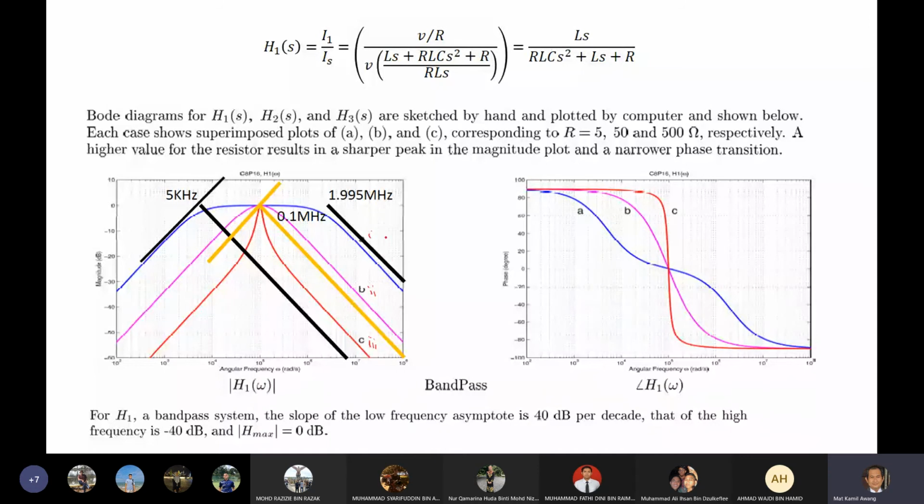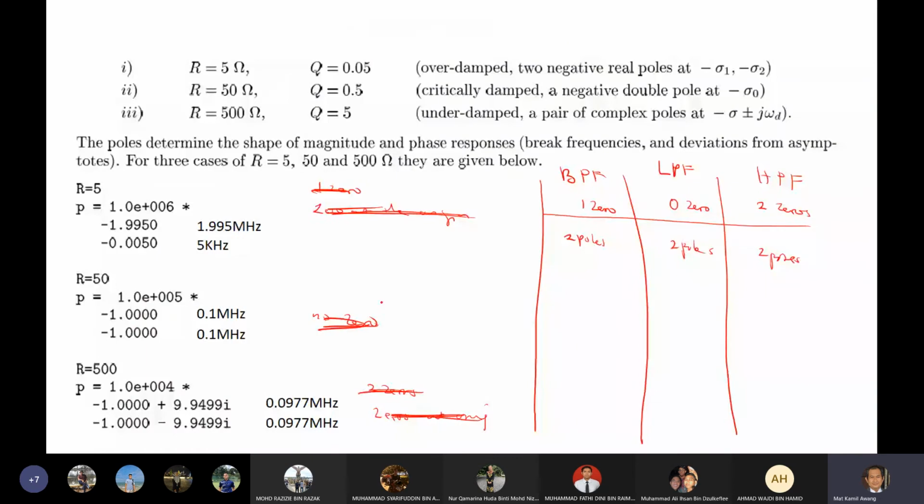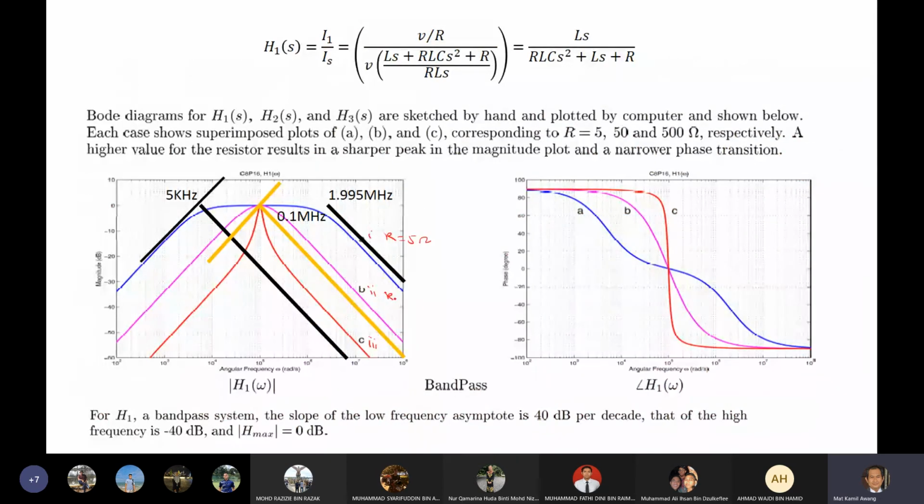This one is R equal to 5 ohms, this one is R equal to 50 ohms, this one is R equal to 500 ohms. This is to show you the effect of the Q, the Q effect.